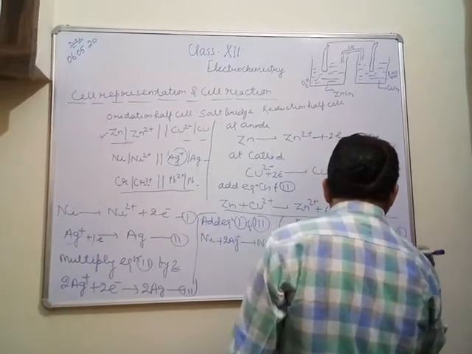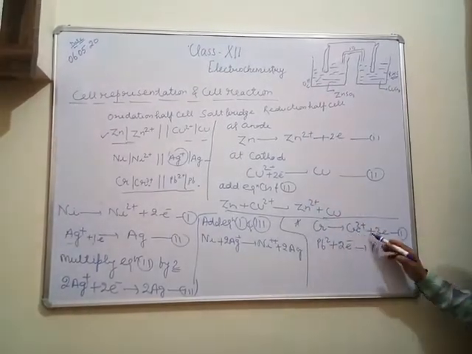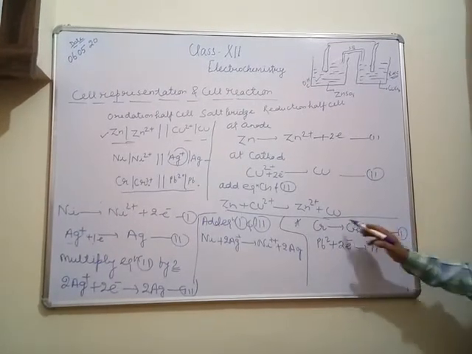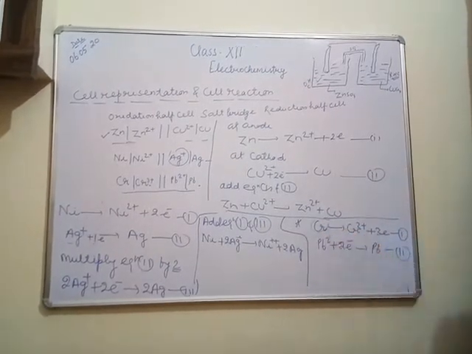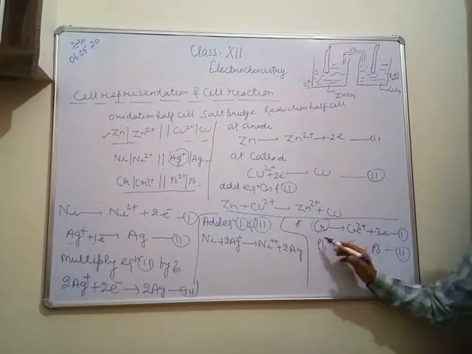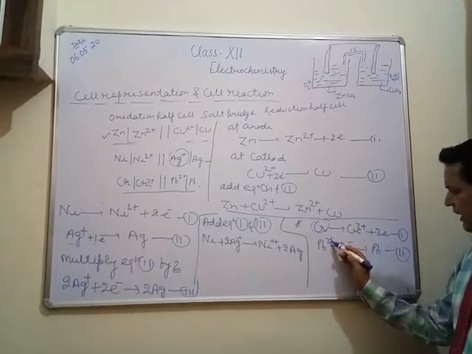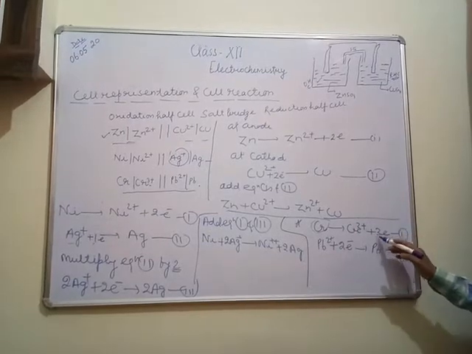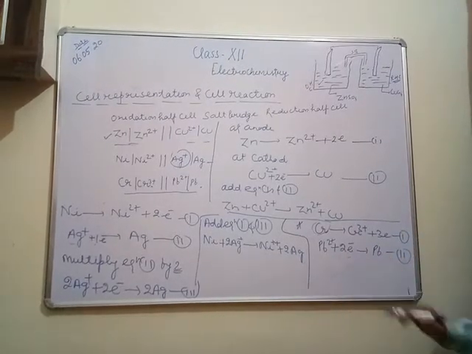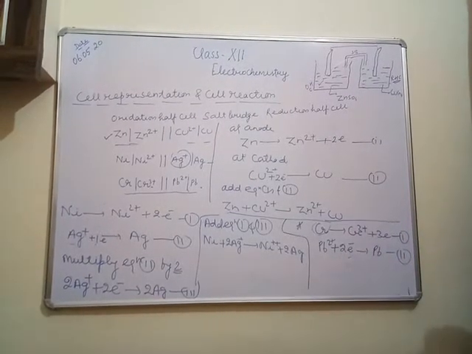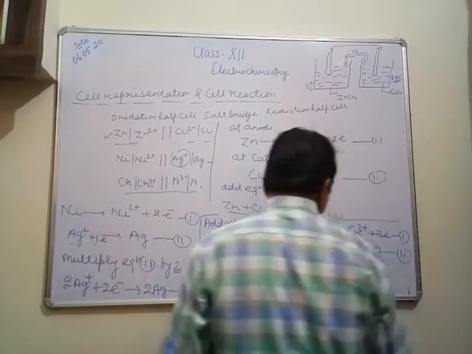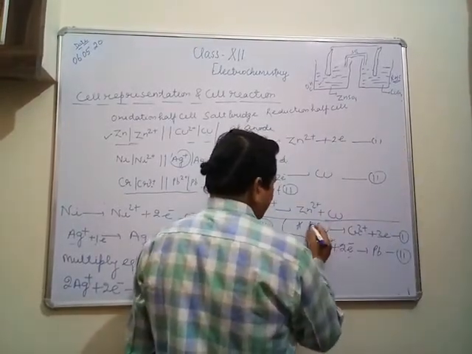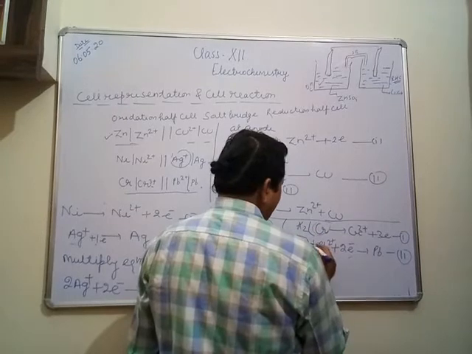Here you can see that in the first equation, in oxidation, 3 electrons are released by chromium and the lead is gaining 2 electrons, meaning the numbers of electrons are not equal. To equalize these electrons, I will have to multiply the first by 2 and the second by 3.